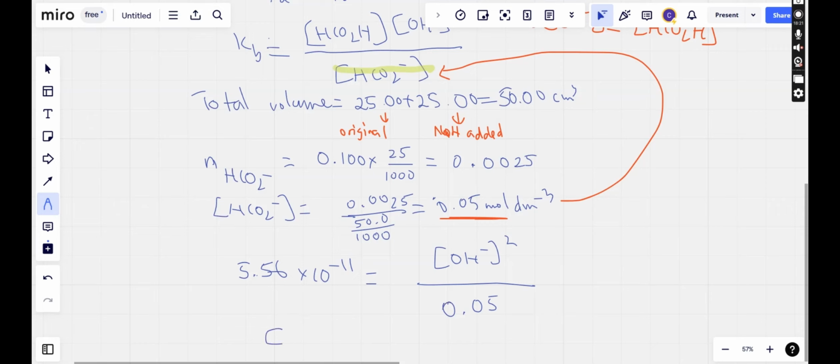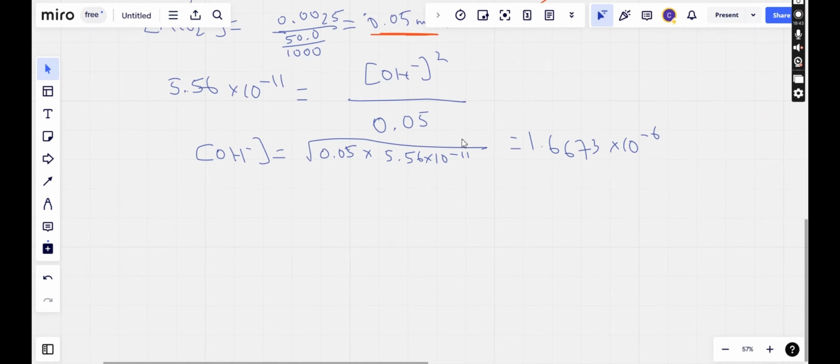Your OH minus is equal to the square root of 0.05 multiplied by 5.56 times 10 to the power negative 11, which is equal to 1.667 times 10 to the power negative 6.